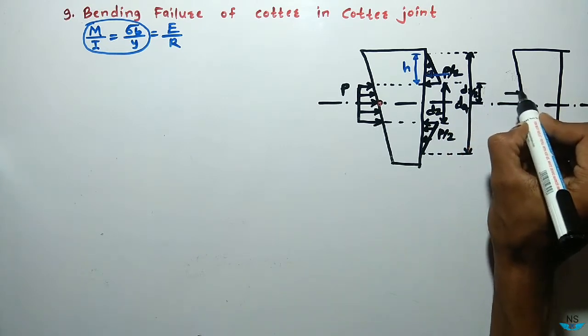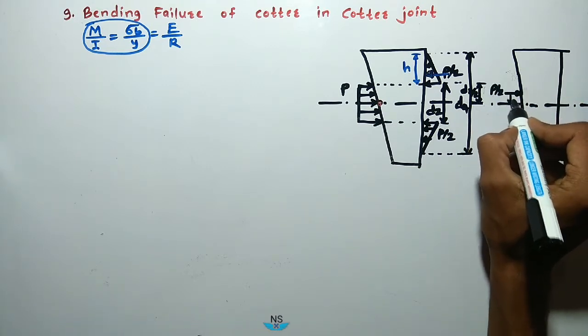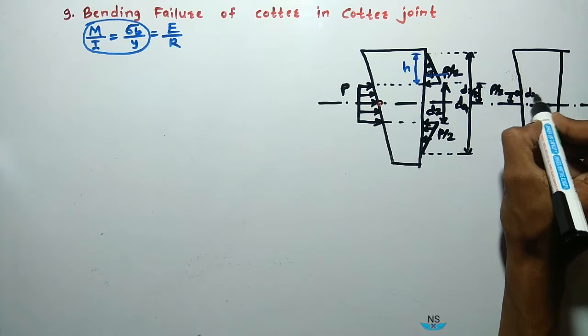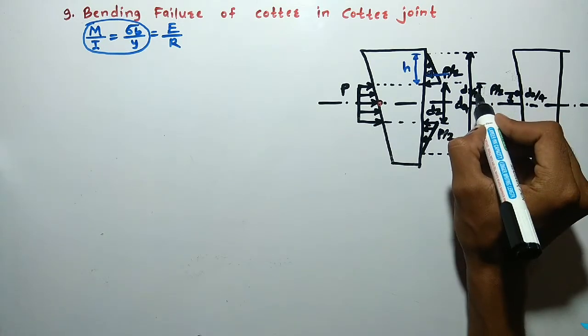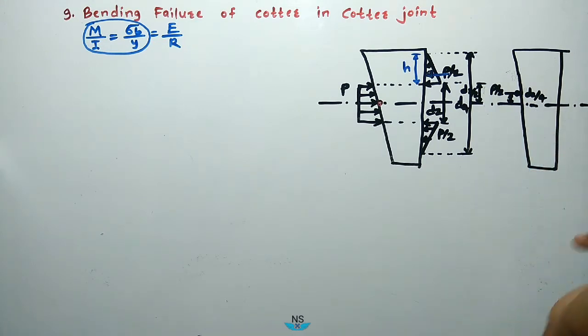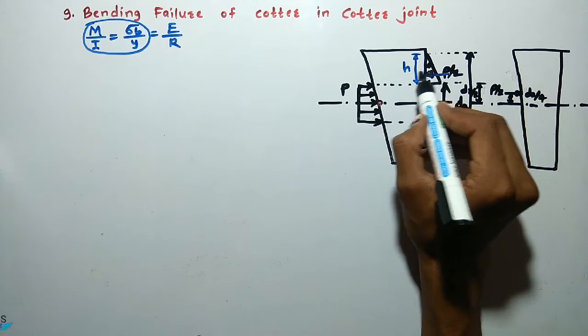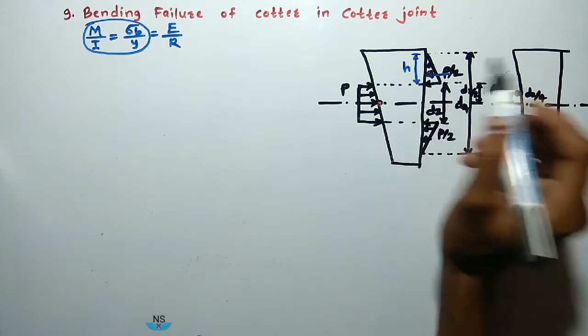At the center of D2 by 2, P by 2 force is acting. Now this distance is D2 by 2, half of D2 by 2 means D2 by 4. Now this point load will act at h by 3.